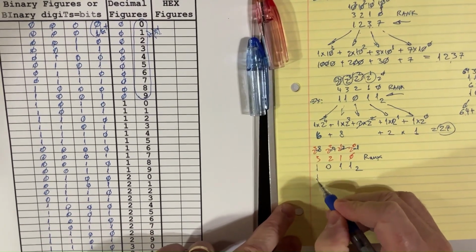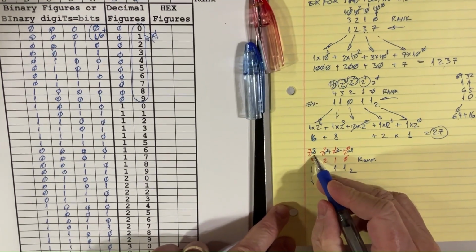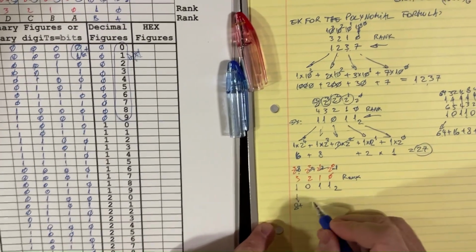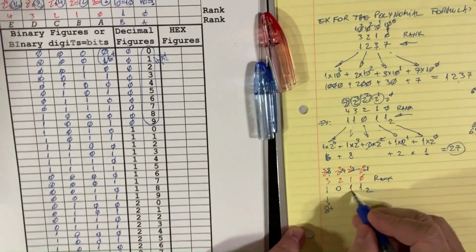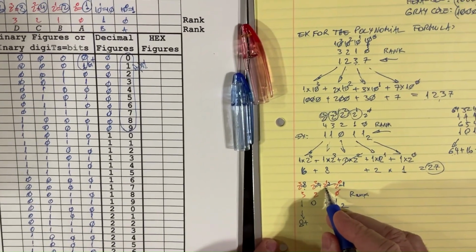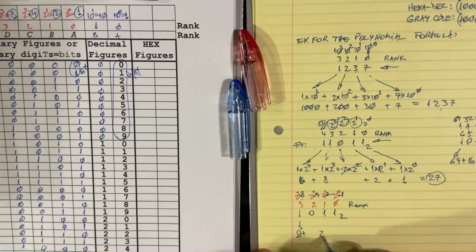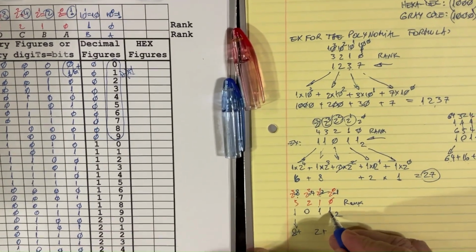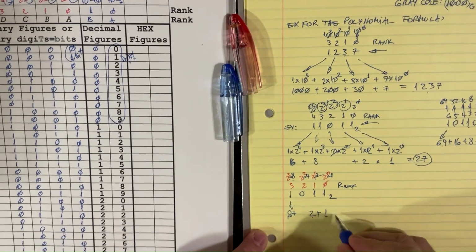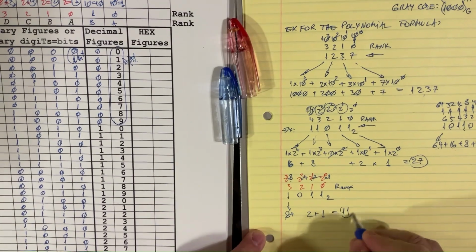So then, I'm going to hit here 1 times 8 is 8. Plus, here I have a 0. I don't care about it. I have here a 1, and 1 is times 2 of the first, which is 2. And the last one is 1 times 2 of the 0, which is 1. So I'm going to get 8 plus 2 plus 1.